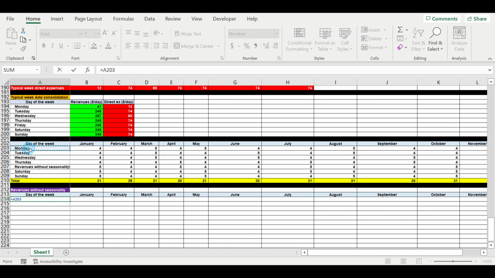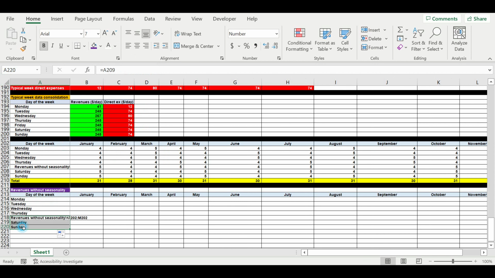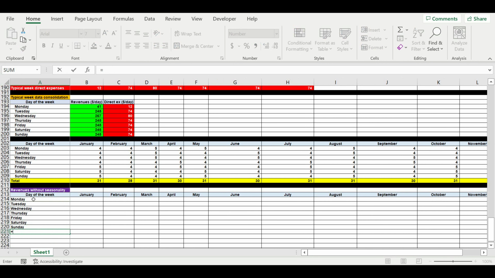Here we will place the days of the typical week from Monday till Sunday. Then I will create totals of that.